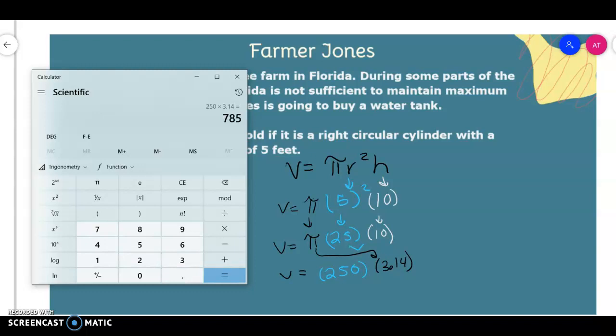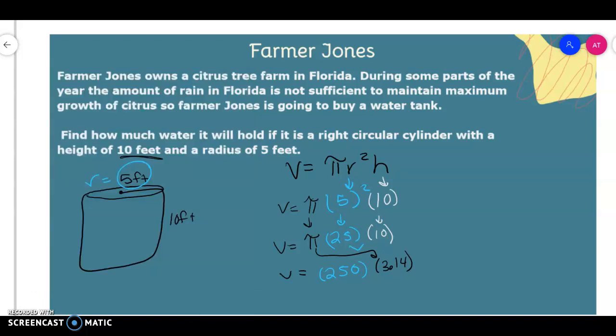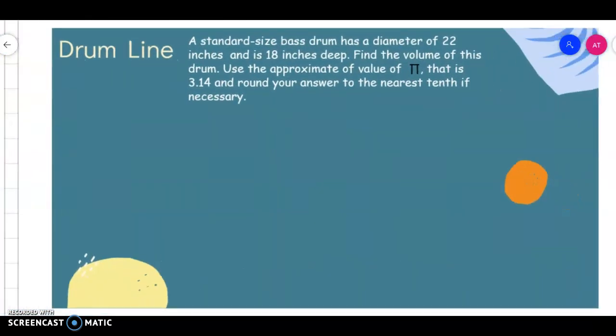That's going to give me a nice even number of 785. And we're dealing with feet cubed. So remember, we're taking the radius, squaring it, meaning I'm multiplying whatever the radius is by itself, and then multiplying it by my height, and then multiplying by pi, which is 3.14.